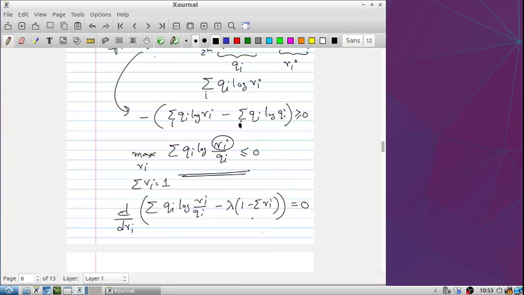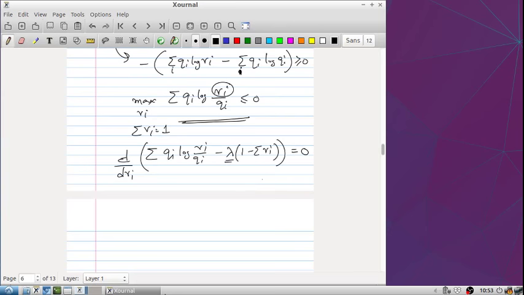If you have a constraint, what I'm saying is you'll have a Lagrange multiplier, okay, which multiplies the constraint. If sum of Ri is exactly equal to 1, then this term is 0, right? So what you do is you take the derivative with respect to Ri, you take the derivative with respect to the Lagrange multiplier, and set them both equal to 0. Actually, if you set this equal to 0, you get 1 equals sum of Ri, right? Because lambda is only there, so you take the derivative of this thing.